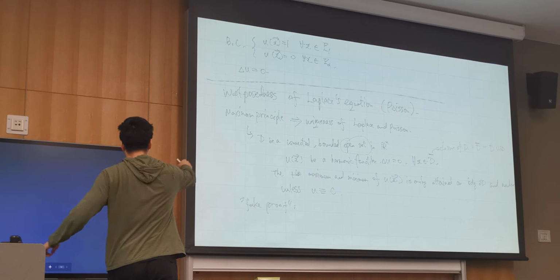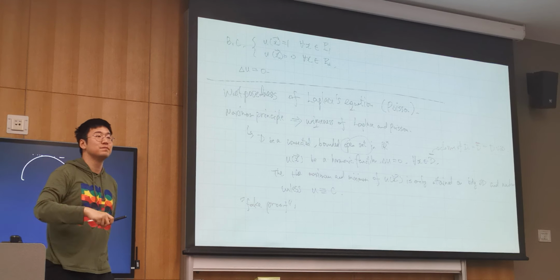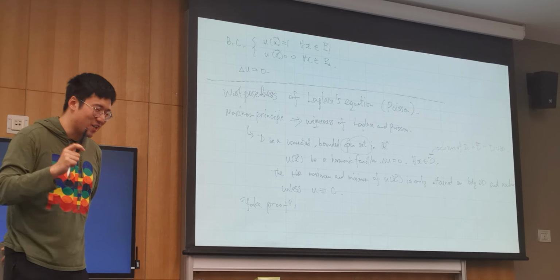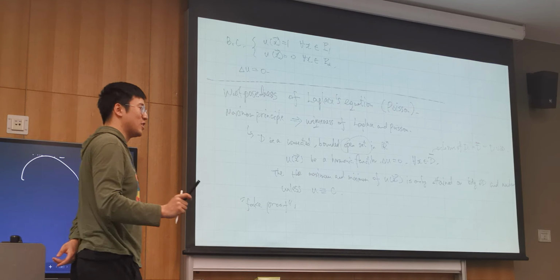Talking about directional derivatives, the first order derivative should be zero. Its second order derivative should be negative. Is it true that the second order derivative is strictly negative?